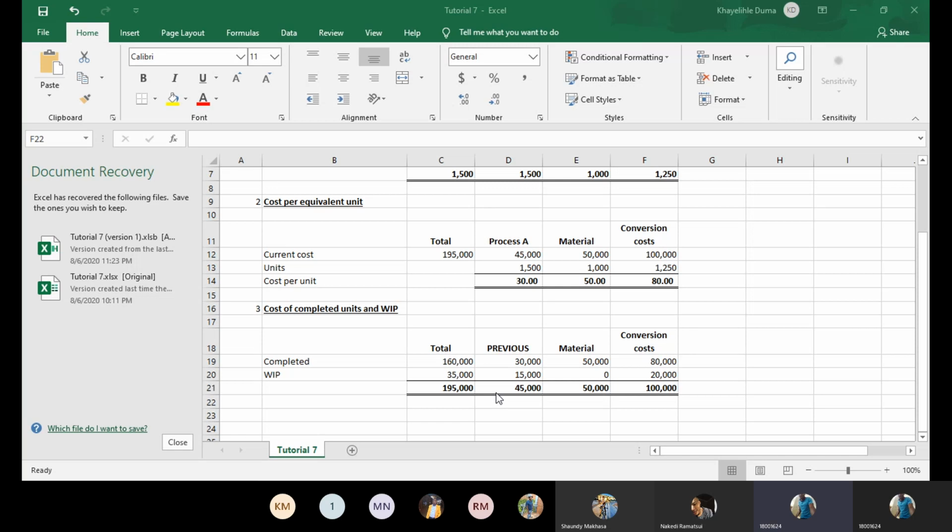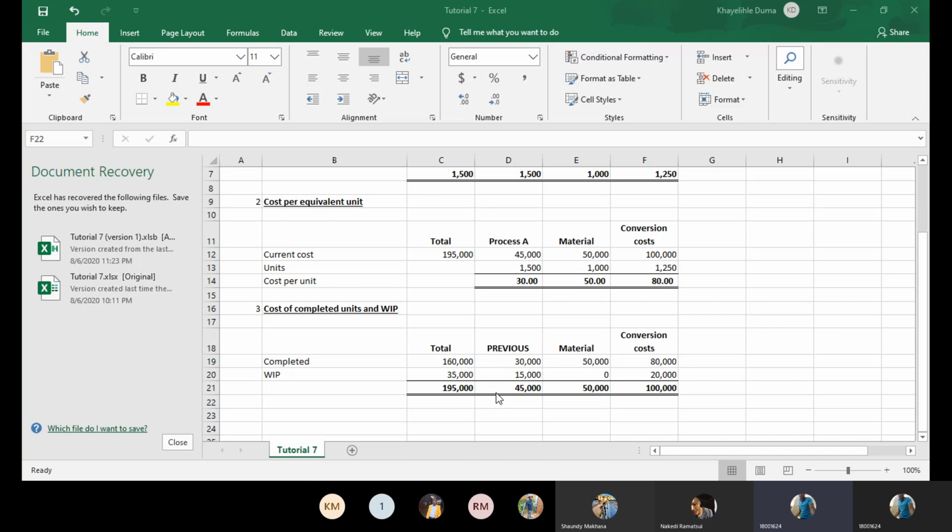Cost per unit of the completed, you multiply on the previous process, 30 is the previous. Then you multiply, you just do that.